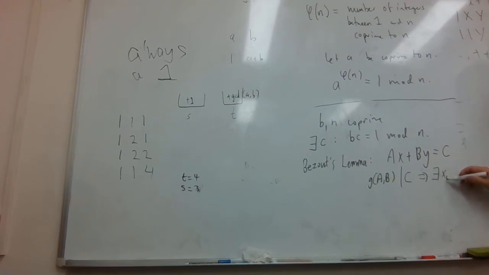There exist x and y integers satisfying it. So these are all integers. Remember this? We actually proved this as well.